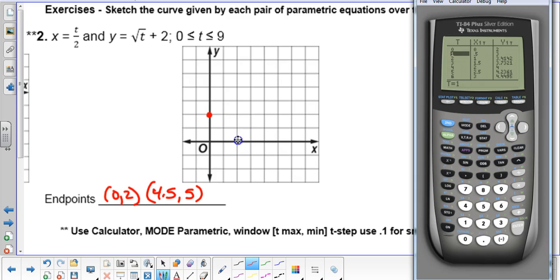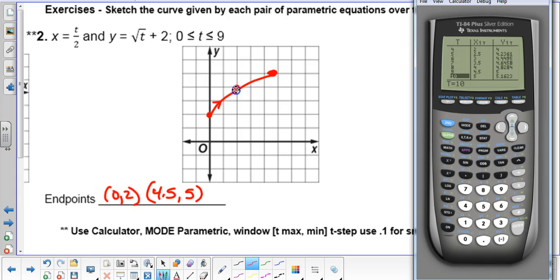At t equals 4, it was at 2, 4. Uh, 4.5 over, it's up at 5. All right, I'm lazy, so I'm just doing a couple of them because I already saw what shape it was.